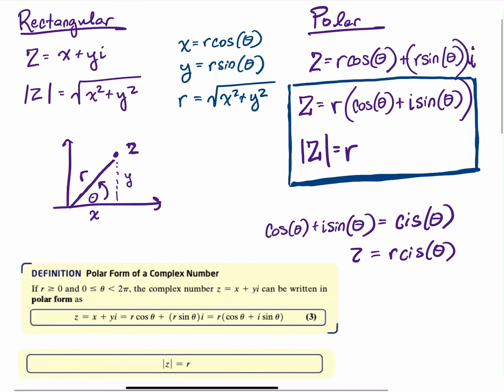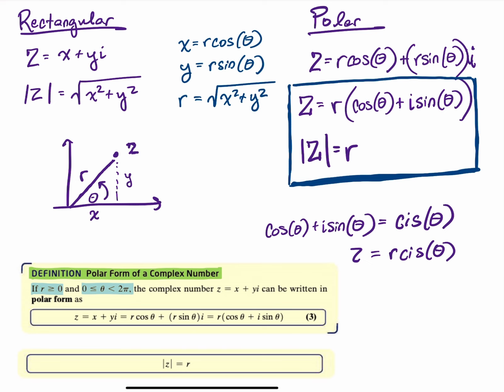So we have basically what we went through here, our polar form of a complex number. There are some conditions, so I just want to point out that r is positive or equal to 0, basically non-negative, and theta is between 0 and 2 pi. That will show up for us in a little bit.